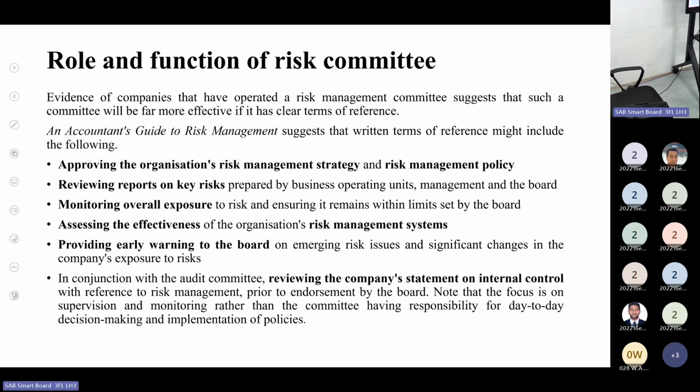Monitor the overall exposure to risk and whether those risks are within the limit, because every organization has a risk appetite. The amount of risk that they are okay to take up. They have to take risk. So they need to understand, if we want to take risk, what level we are okay to take up.